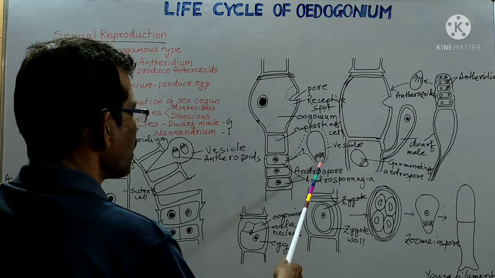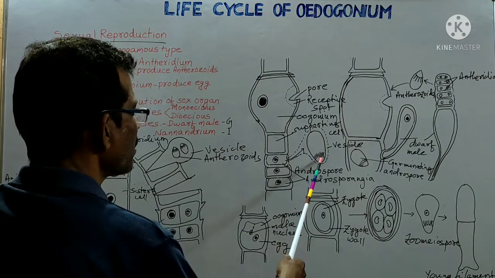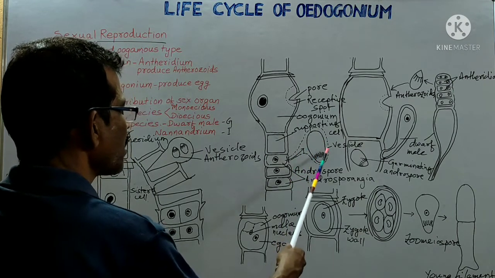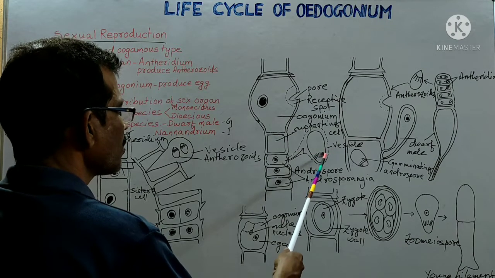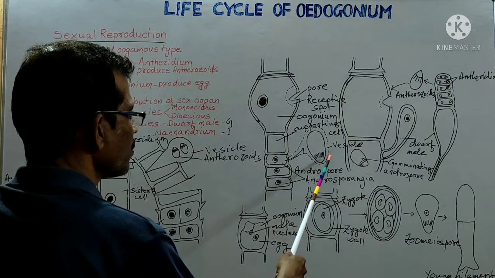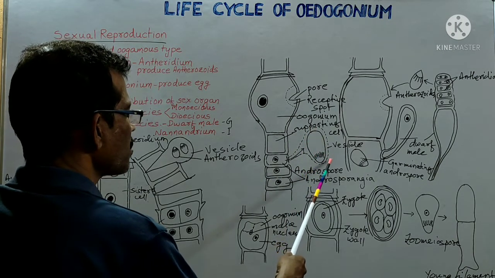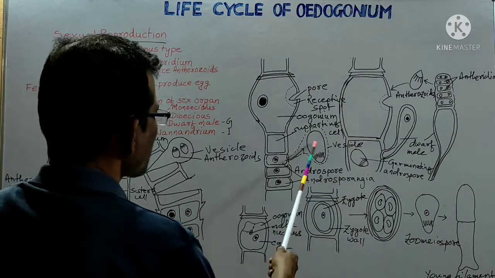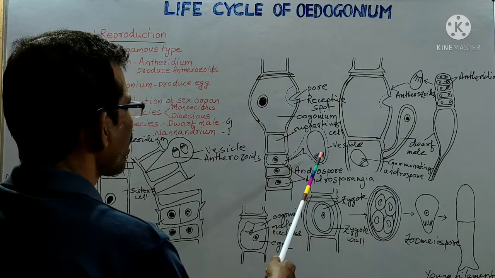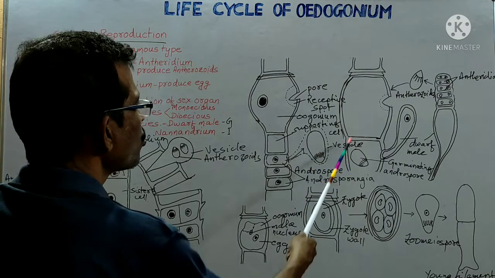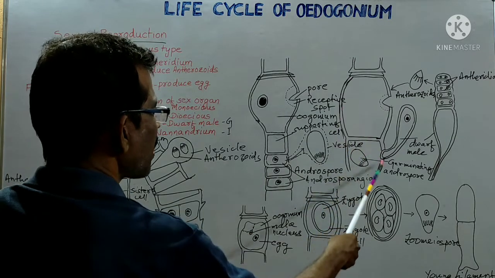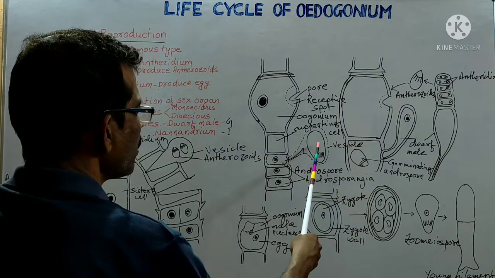The androspore is a uninucleate and multiflagellate structure, and this androspore is released in a vesicle. Later on, the vesicle wall dissolves so that the androspore is released to the outside. So this androspore moves to the nearby oogonium. This is the oogonium and this is the supporting cell.